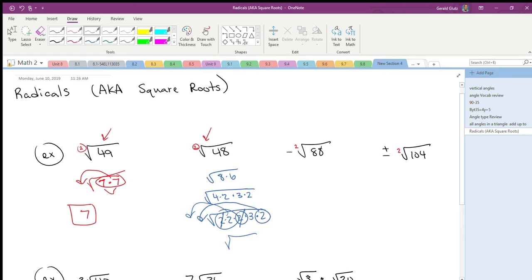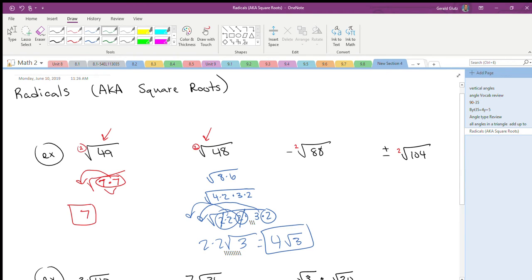So the only thing that's not circled is that 3, so that means 3 is going to stay inside. And then what came outside of the radical? Well, one of these 2s and one of these 2s. So I'm going to have a 2 times 2. So that means my answer is going to be 4 root 3.